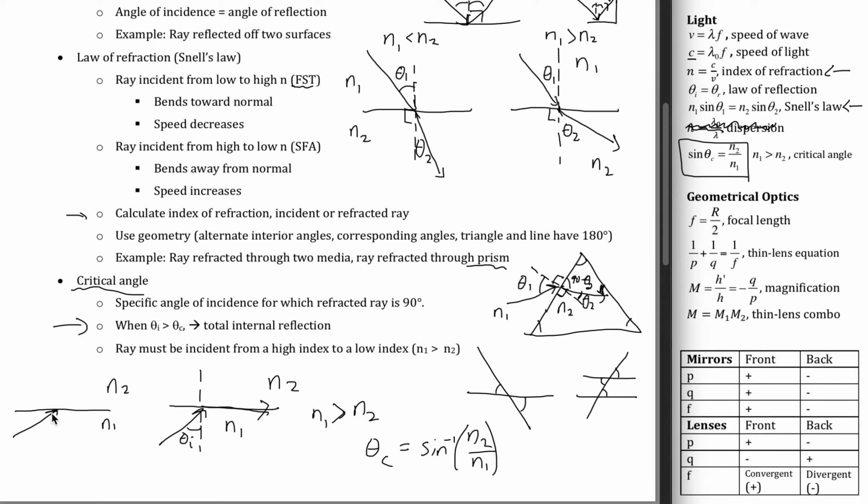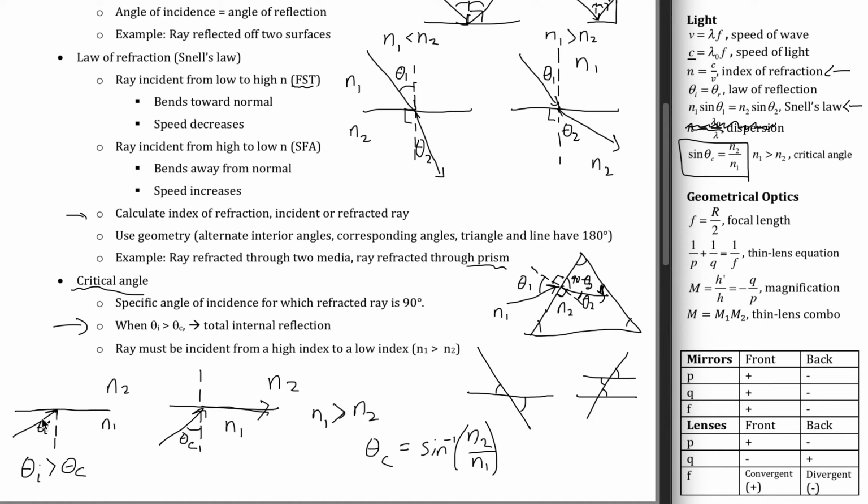If this random angle here is greater than the critical angle, then none of the ray is going to escape. So this special angle that we found here became the critical angle.